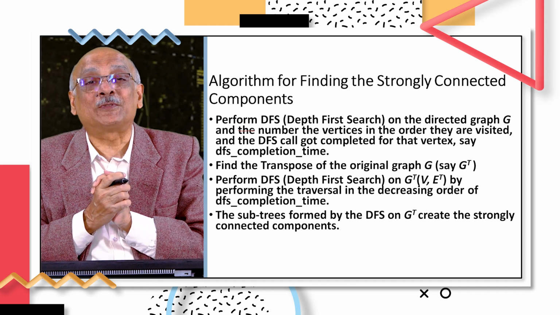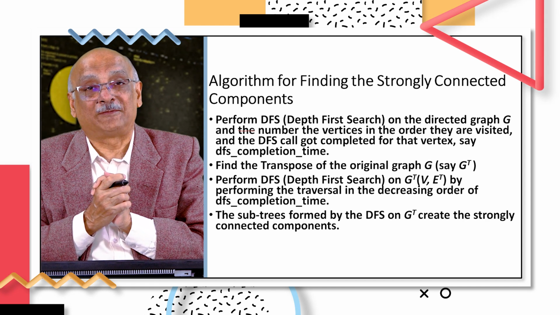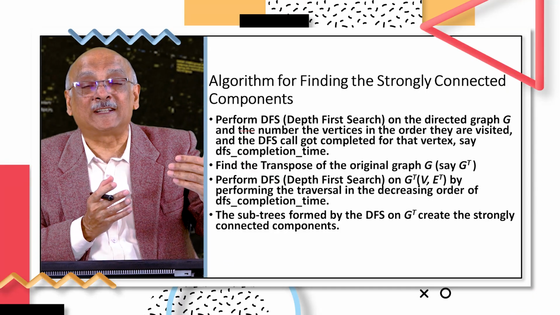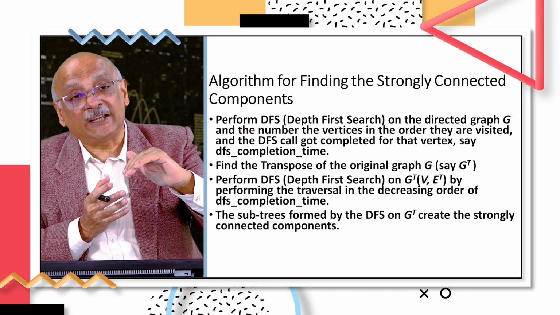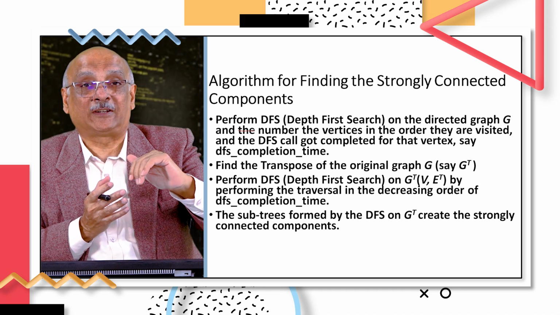Find the transpose of the original graph G. How to find the transpose of the original graph? Once you have found the transpose, you perform depth first search on this transposed graph, performing the traversal in the decreasing order of DFS completion time.